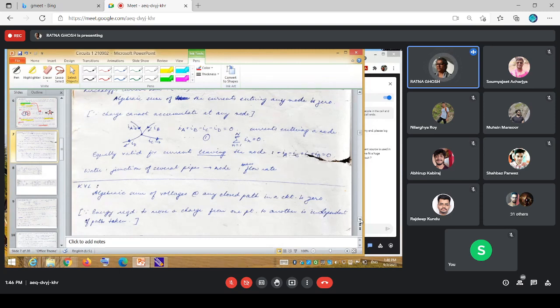Now coming on to the KVL, or Kirchhoff's voltage law. The algebraic sum of voltages around any closed path in a circuit is 0. This is the conservation of energy principle. The energy required to move a charge from one point to another is independent of the path taken. That is what it means.